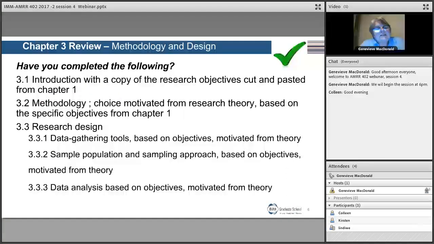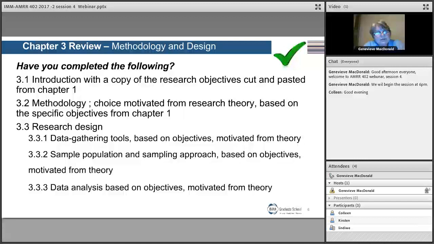So for the research methodology and design, chapter 3, use this as a checklist for yourself. To what extent have you done the introduction to the chapter, and given a copy of the research objectives that you actually developed in chapter 1?